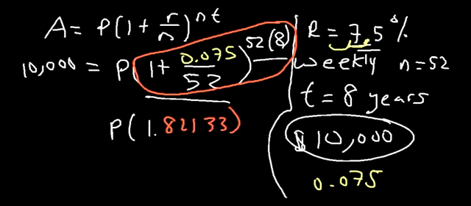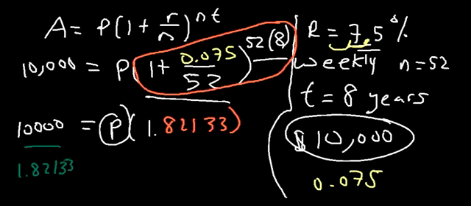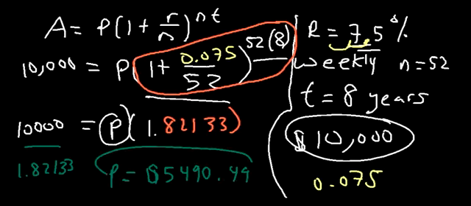At least that's what I got. So now all you got to do to solve for P is divide 10,000 by this number. And then your principal investment, how much you need to put into the account, is $5,490.49.